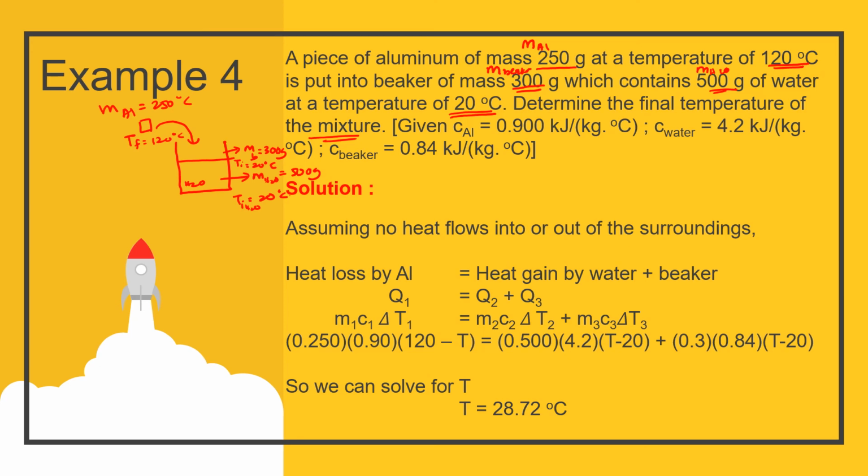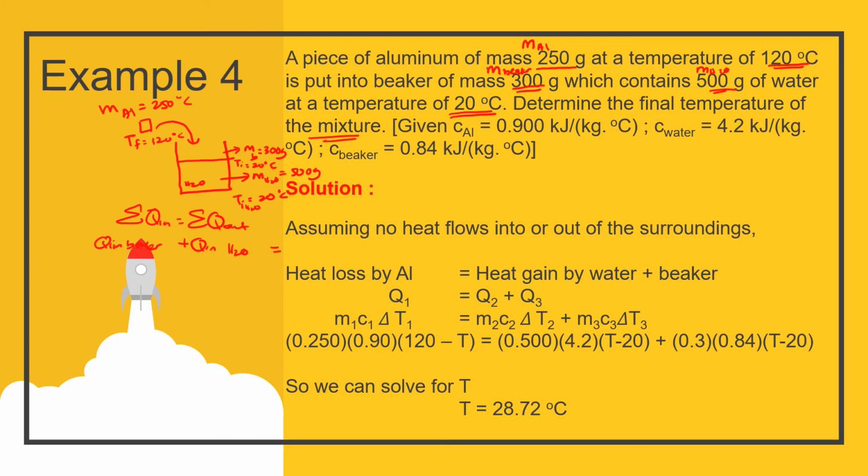Macam mana kita nak solve? So tadi kita dah tahu kan, summation of Q in is equal to summation of Q out. So kat sini kita ada Q in yang masuk akan ada dua lah, iaitu yang pertamanya bila air dan juga beaker. Okay, kita ada Q in untuk beaker tambah dengan Q in untuk H2O. Okay, and then Q out kita adalah aluminium tu. Okay, sebab aluminium tu suhu dia yang paling tinggi.